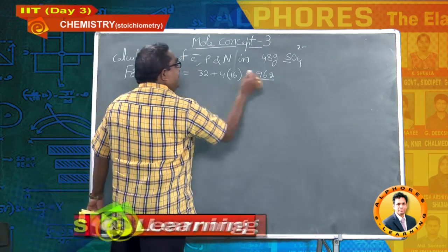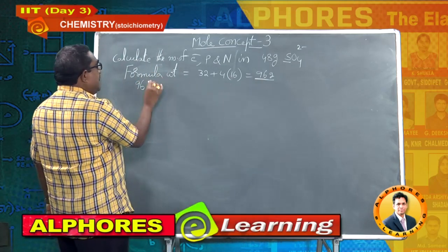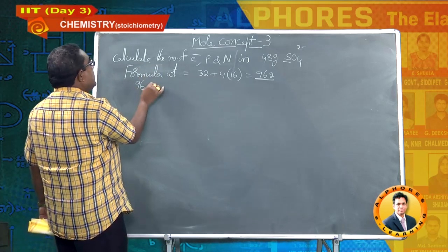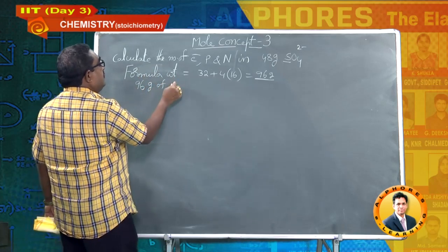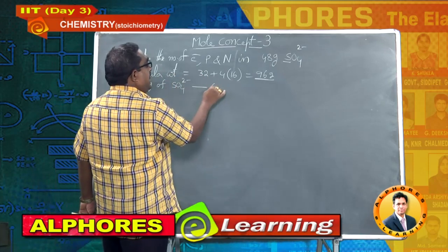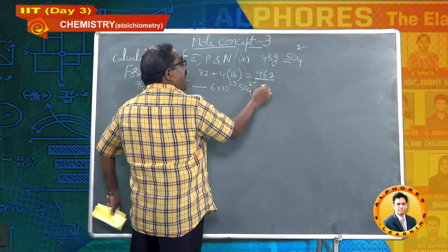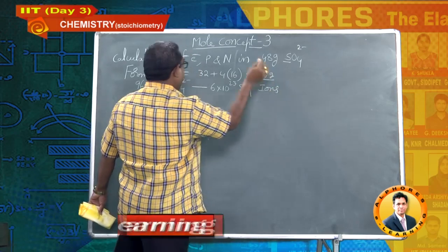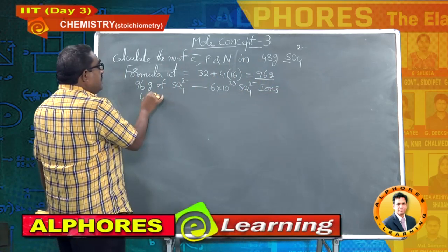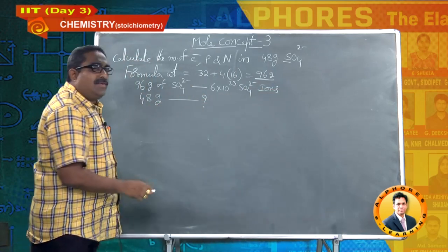So I can write, based on the GMW or formula weight definition, 96 grams of sulfate sample will definitely contain 6 into 10 power 23 sulfate ions. But this time I have given only 48 grams. See, no need to do calculation.